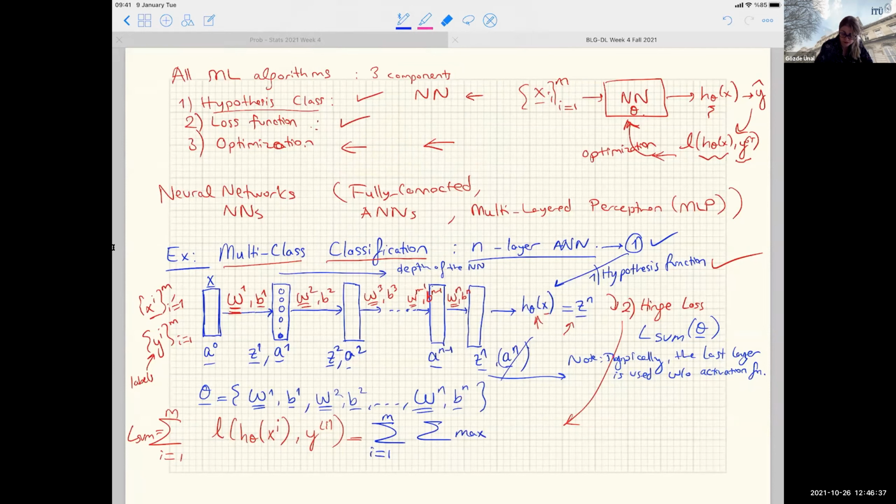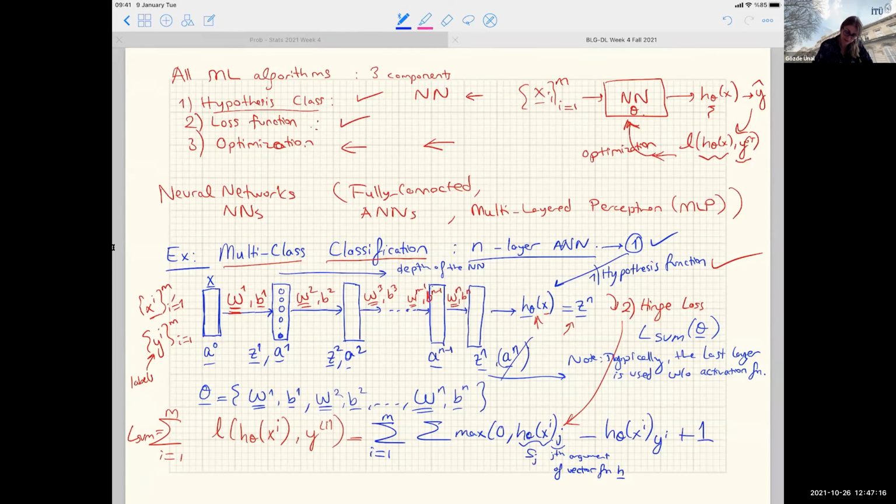I need to do this hinge function here. Max of 0 and h_theta(x_i)_j. So this is the score j, s_j. This is the jth argument of the vector function h, minus h_theta(x_i) for the true class, because I know it during training, of course, plus 1.